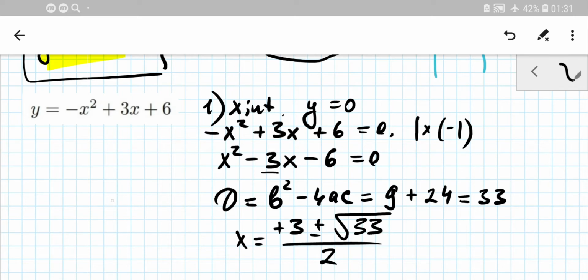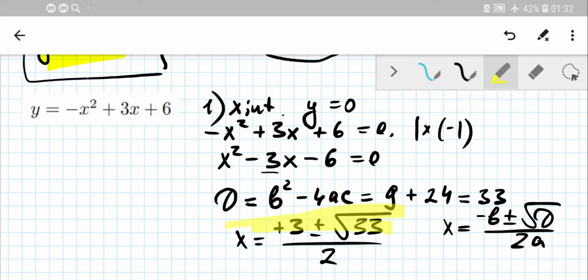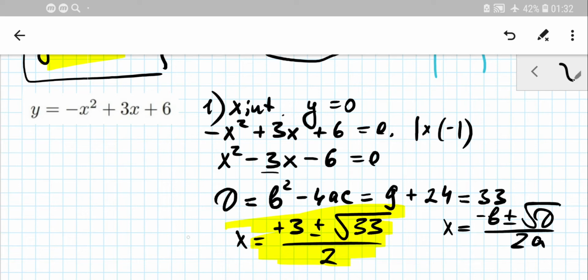Keep in mind the general formula for finding the roots of the quadratic equation: minus b plus or minus the square root of the discriminant, over 2a. I use that simply and figure out the x-intercept. All right, so that's what this is for, the x-intercept.